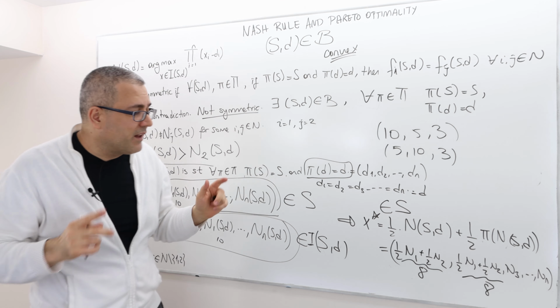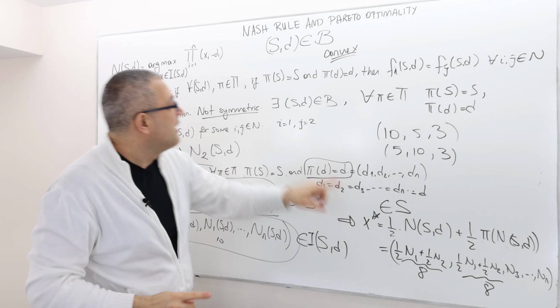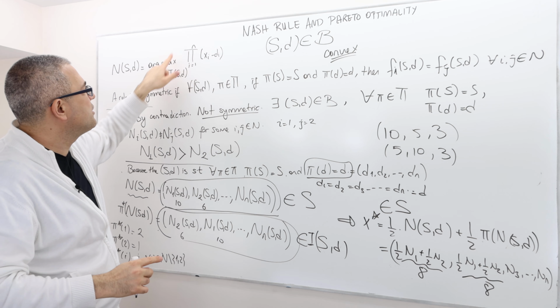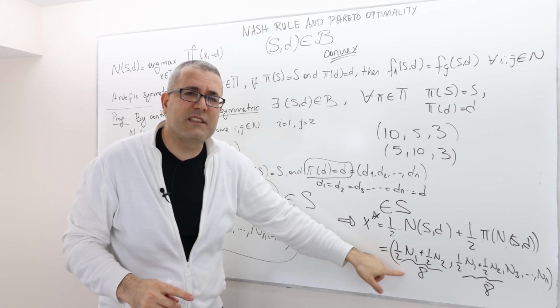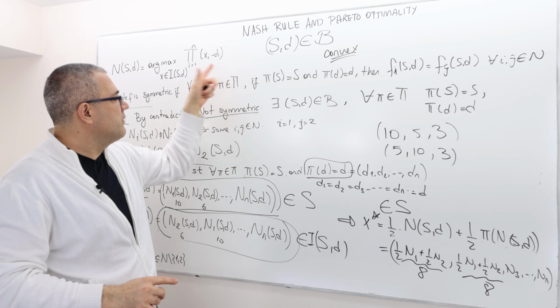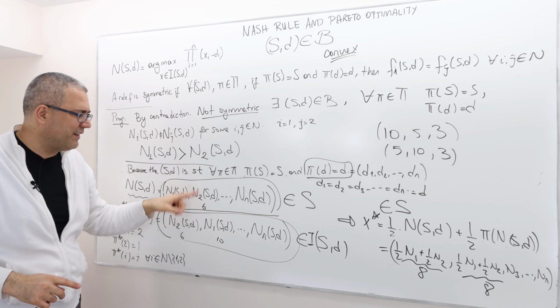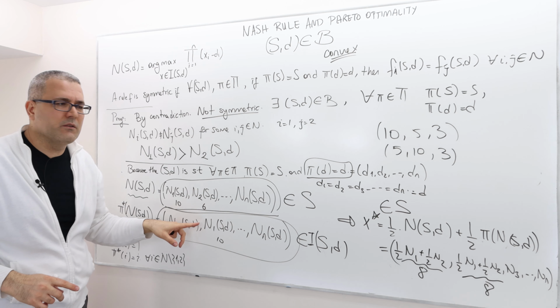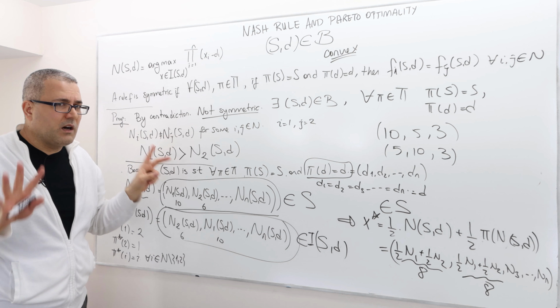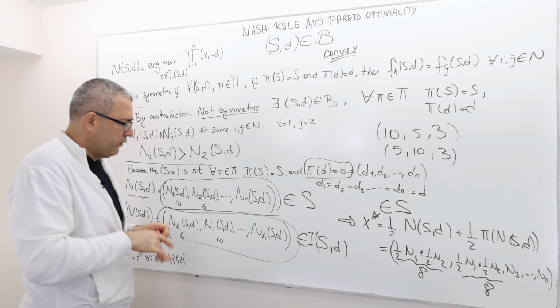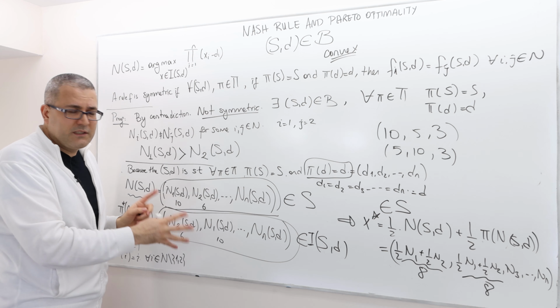So what? Here's the thing. If you calculate the Nash product with this X star, the value is going to be higher than this or this, because they have exactly the same value. Is it obvious? For my numerical example, it's obvious, right?